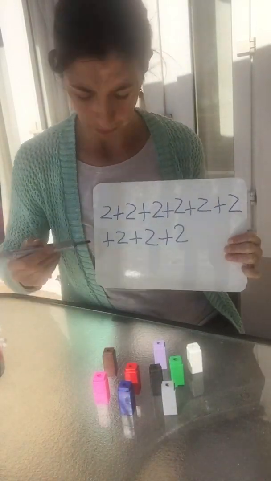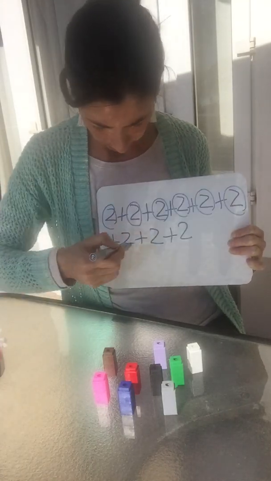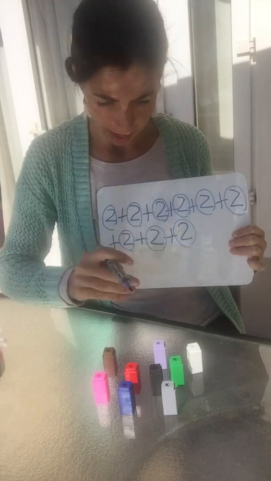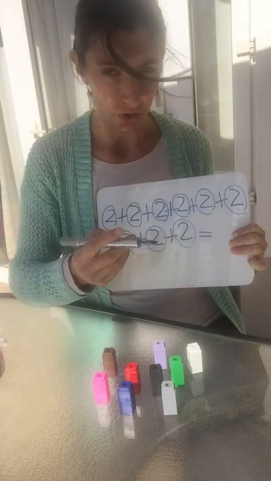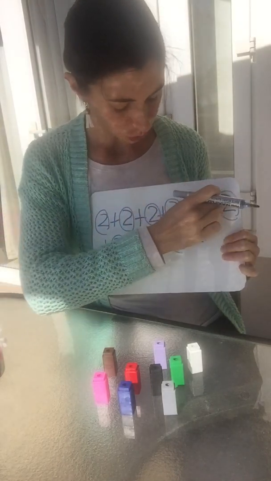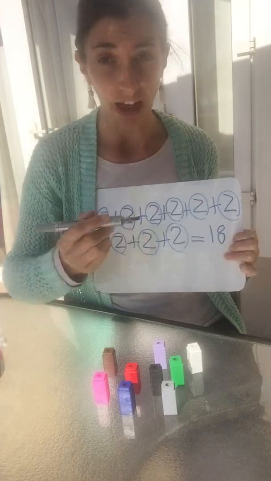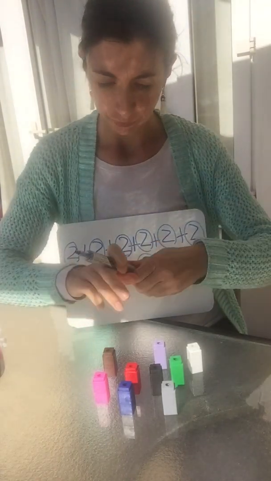How many groups of 2 should it be? 1, 2, 3, 4, 5, 6, 7, 8, 9 groups of 2. So if we count in 2s, 2, 4, 6, 8, 10, 12, 14, 16, 18 counters I've got here.